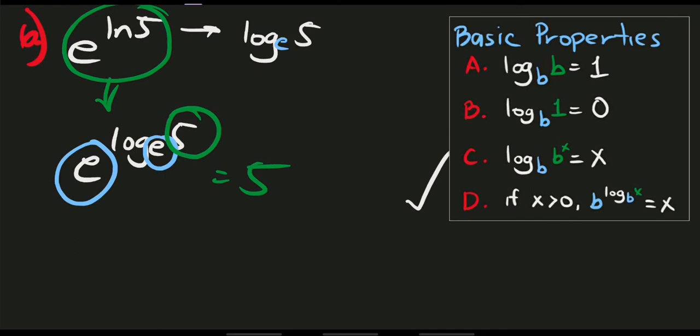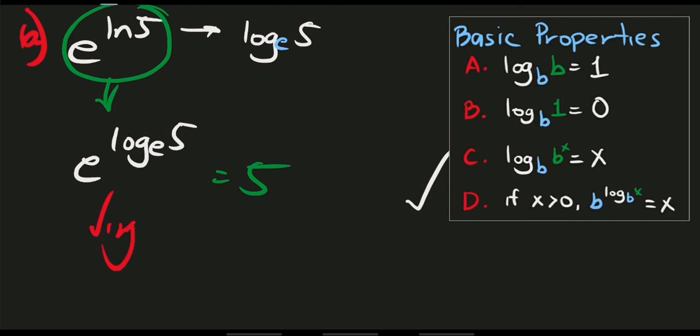Okay, so let's try to double check this one. For our checking, again, let's transform this given exponential expression into its logarithmic form. That is logarithm of a number. We have this 5 as a number with the base of e. So this is our base, and that is equal to its exponent.